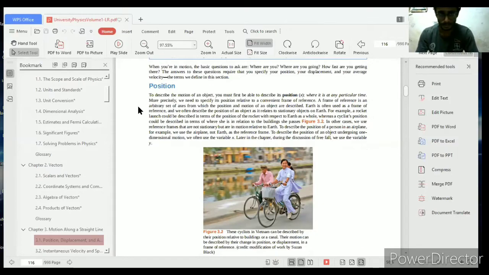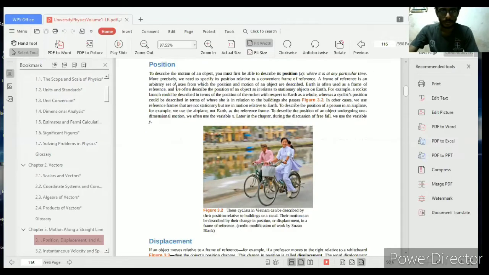X, Y, Z represent space, and another one represents time. So this tells about the position of the body, where the body is, and at what time the body is.